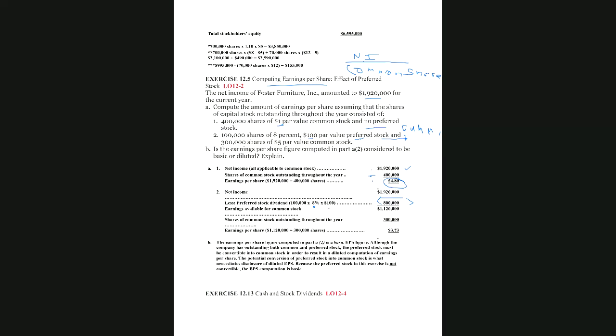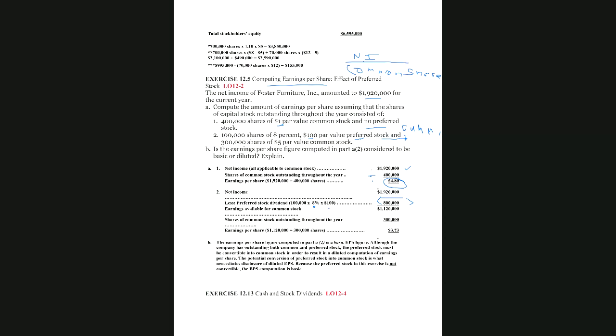So a dividend is always going to be based on the number of shares times the dividend rate times the par value. If it's a dividend rate, you must multiply it by the par value. So the preferred stock dividends on the cumulative preferred stock equal $800,000. That $800,000 must be subtracted from the net income.